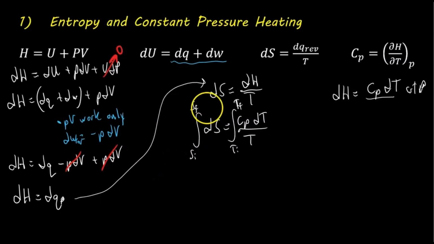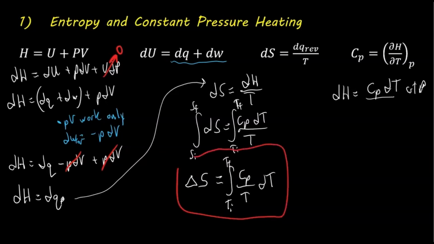This is just the change in entropy. And we can't yank this heat capacity out of the integral because it may depend on temperature. So we're just going to leave this right-hand side as it is, the integral of Cp over T dT. And this is our equation for the change in entropy at constant pressure. Here it is in all its glory.